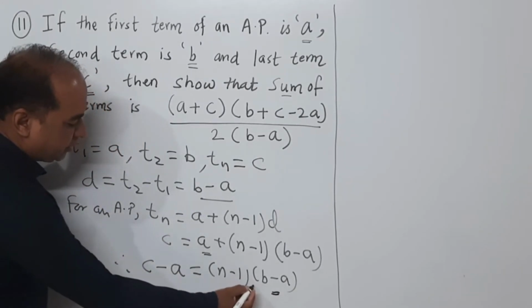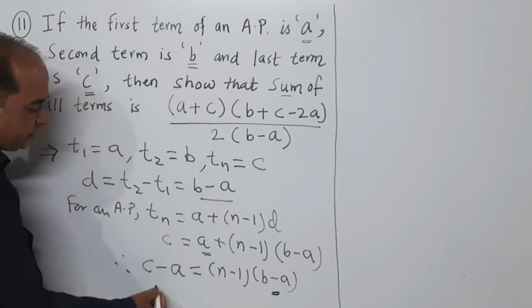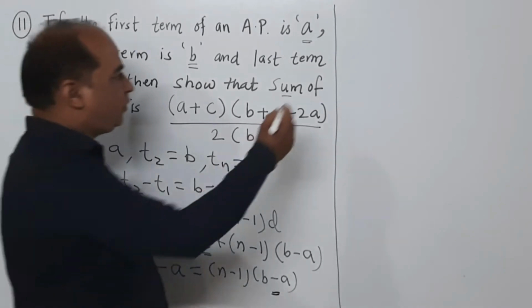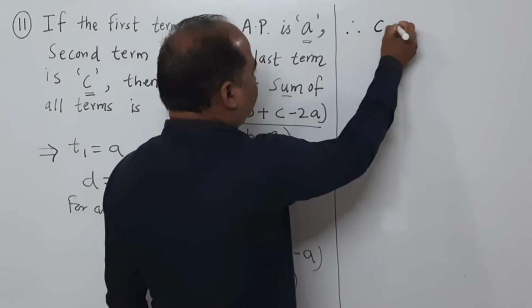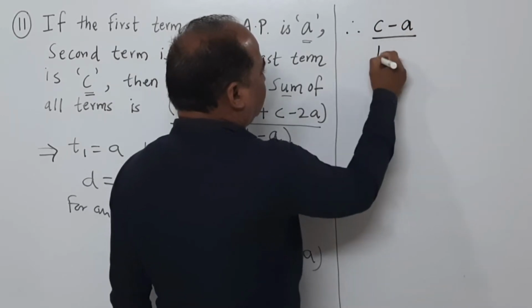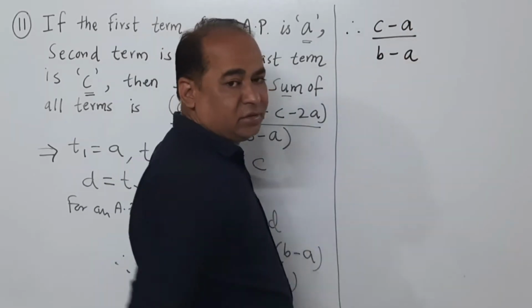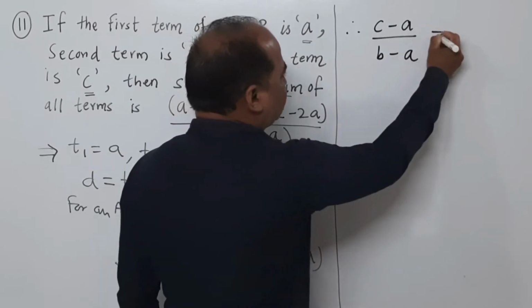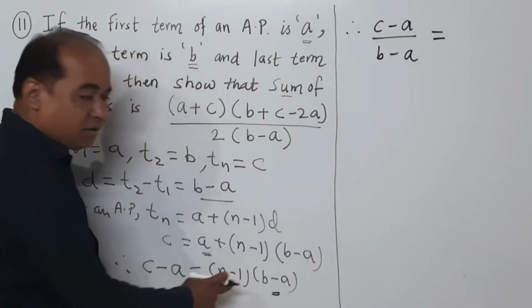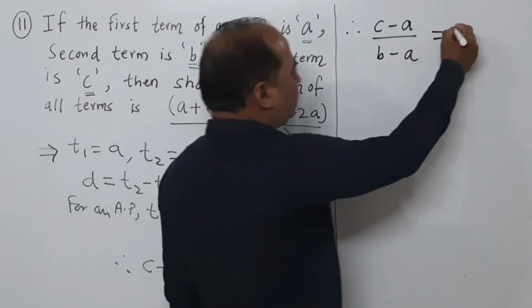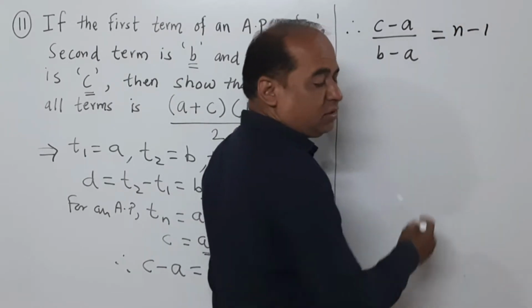Here it is multiplication, so on the left hand side it will get divided. Therefore C minus A upon B minus A is equal to n minus 1.